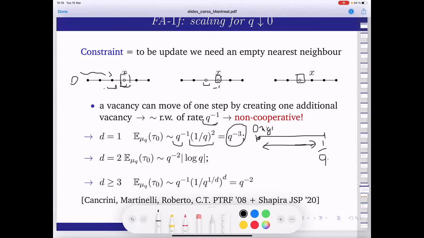Because see here, for example, this site is updated, and what I'm putting here influences later the behavior of this site, because it influences whether its constraint is satisfied or not. So you don't have to think in terms of spreading around the equilibrium all the time.